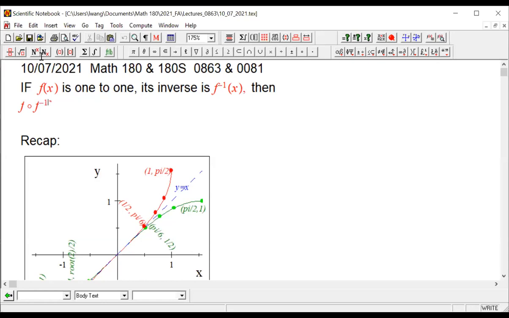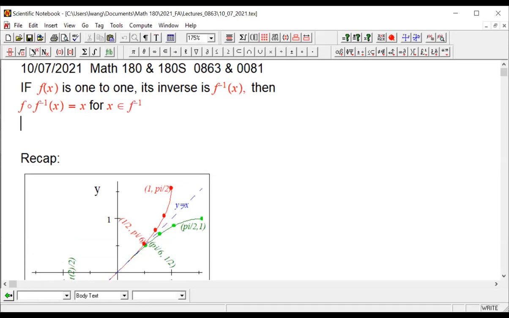Okay, some textbooks write it this way, and then elaborate. For x in the domain of f inverse, f composite f inverse, remember we talked about this before?